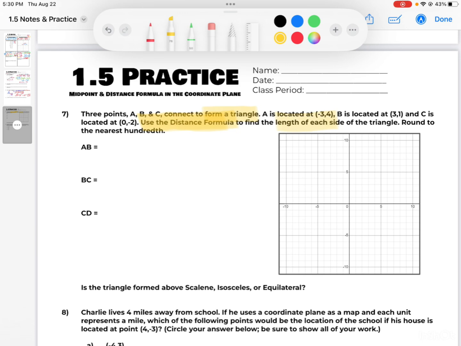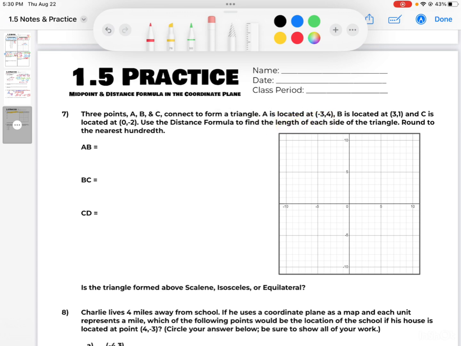And you're finding the length of each side, and then you're rounding to the nearest hundredth. And yeah, you gotta follow that order. So plot your points, create the triangle, find the length of each side, use that, rounded to the nearest hundredth to figure out what the lengths of AB, BC, and CD are.